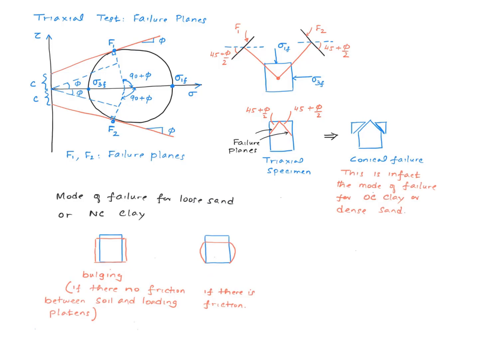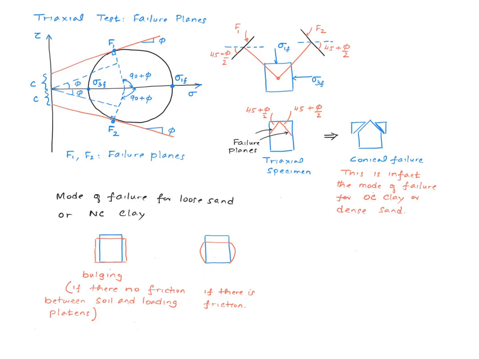If there is no friction between the loading platens and the soil specimen, then you're going to get a uniform bulging like this. On the other hand, if there is friction, then you will see something like this.